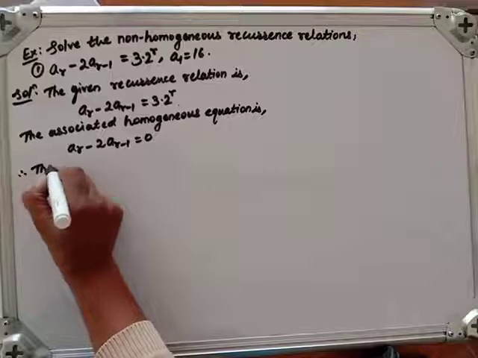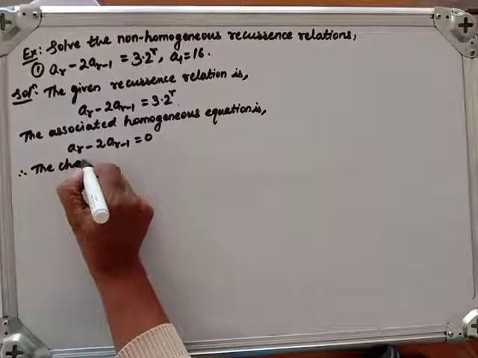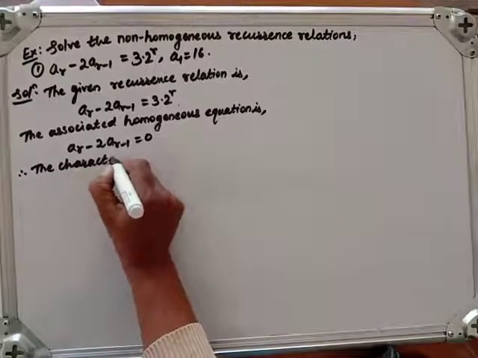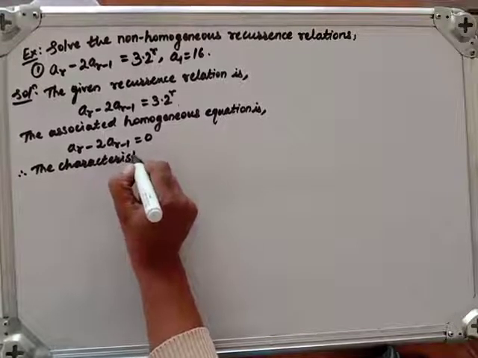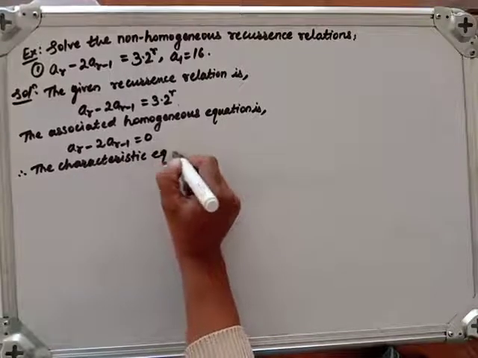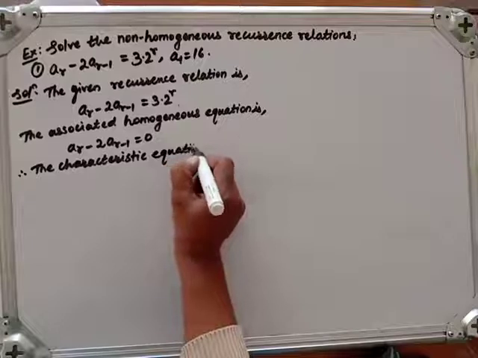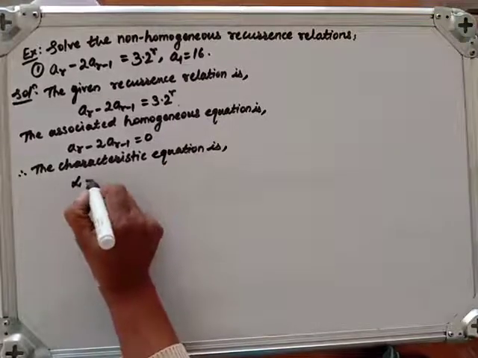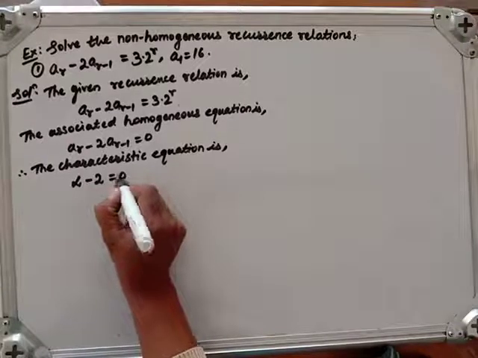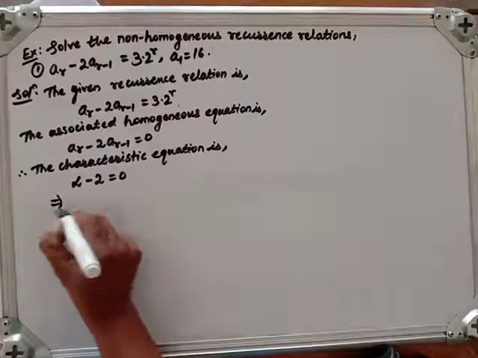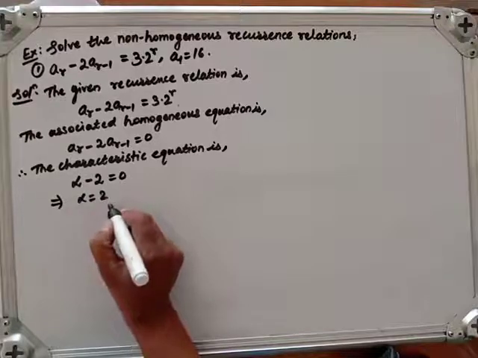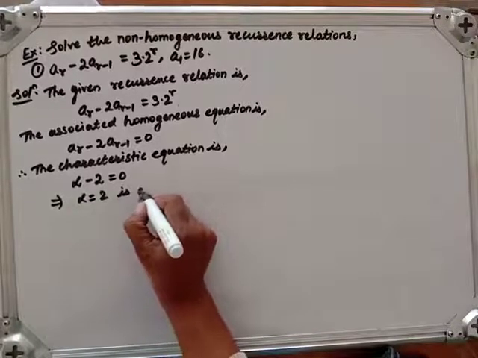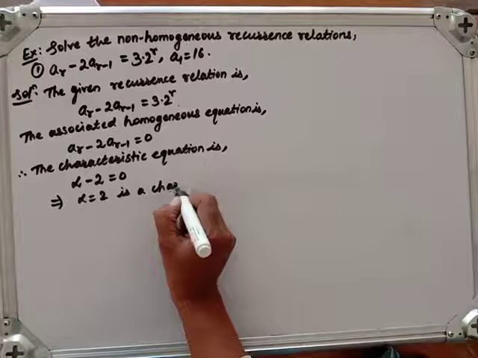Therefore the characteristic equation is alpha minus 2 is equal to 0. So that gives alpha is equal to 2 as the characteristic root.